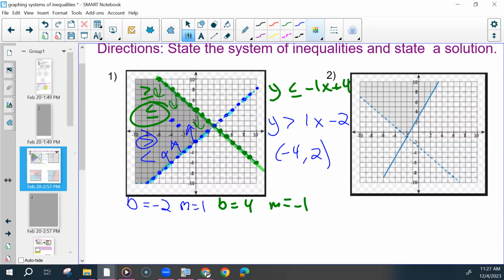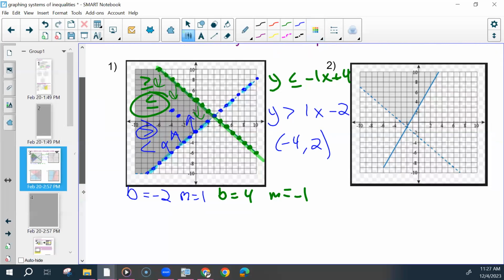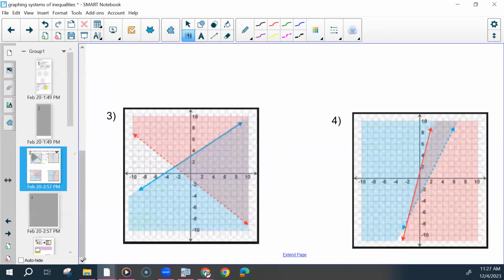Are there any other problems on this page we want to see or go over? I am going to show you what the shading on 3 and 4 look like, so you can at least try that on your own time. So there are 2 different sets of shading. You can either do both sets or just the overlapping.